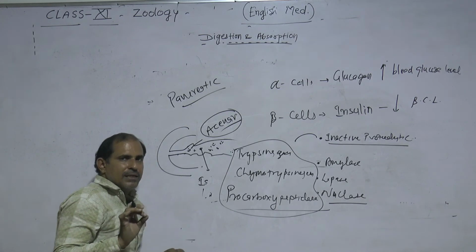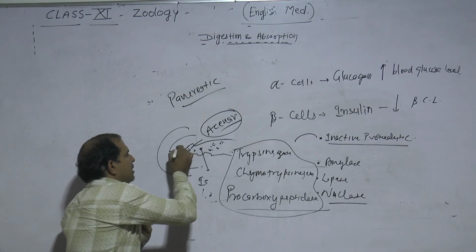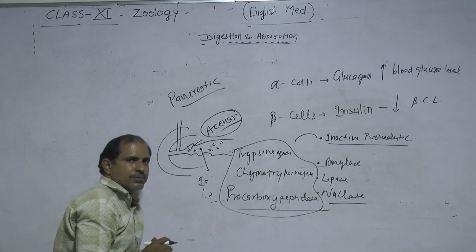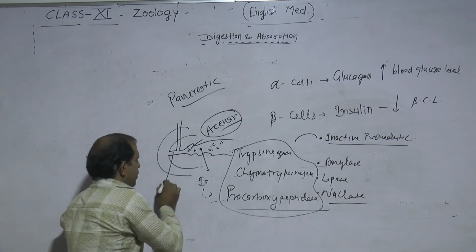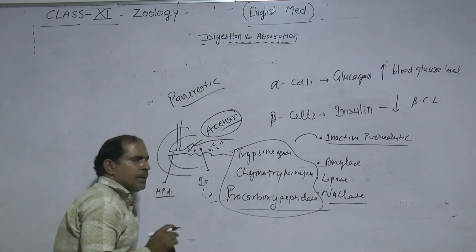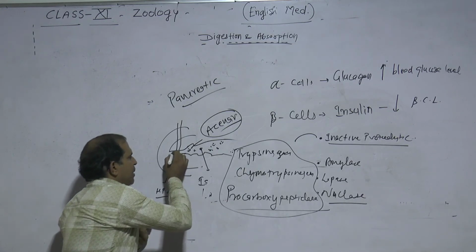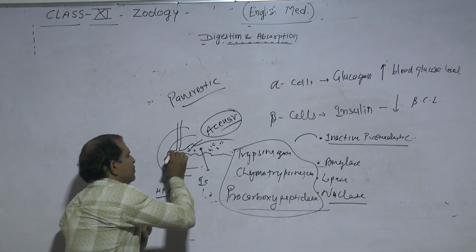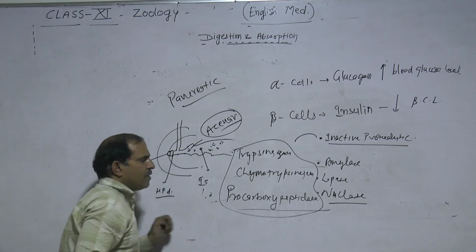With the pancreatic duct, common bile duct is fused to form hepatopancreatic duct, and the hepatopancreatic duct opens into duodenum through sphincter of Oddi.